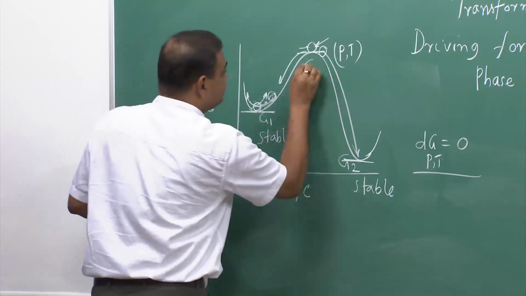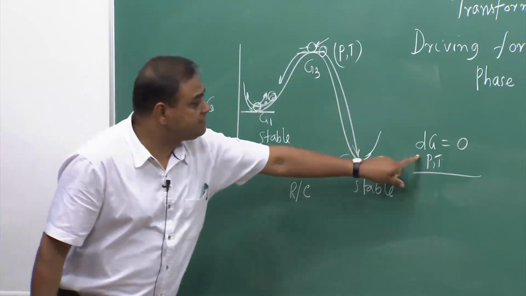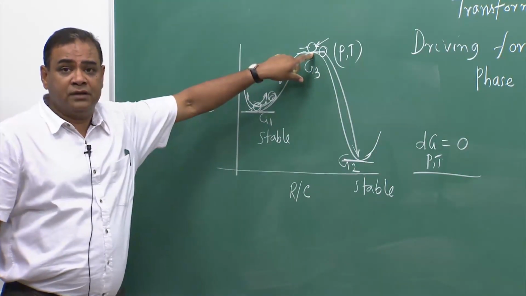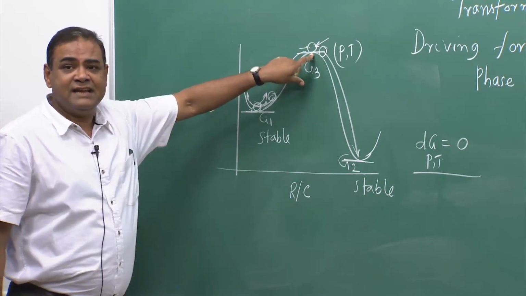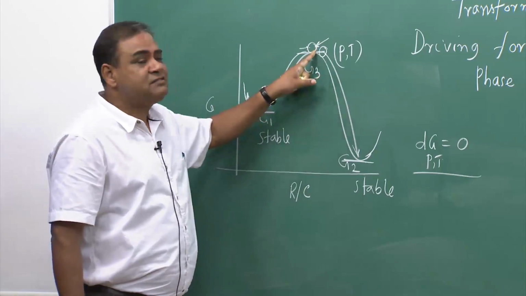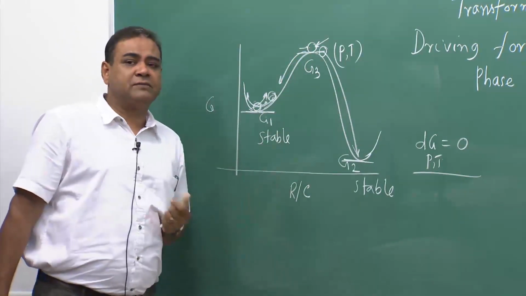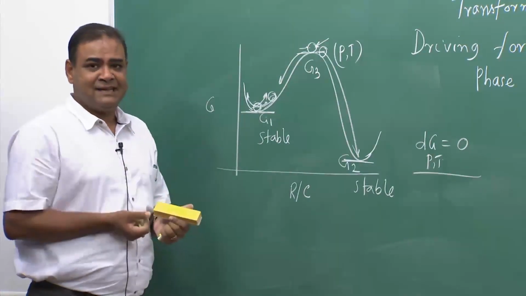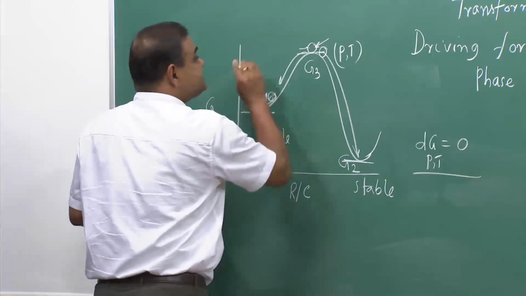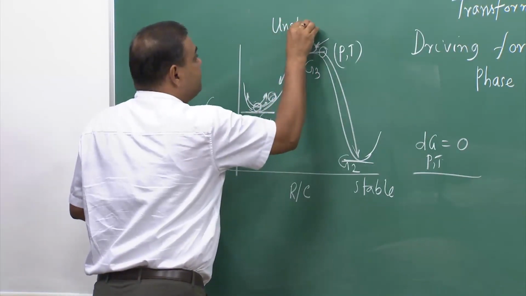If I consider this to be G3, at this point this condition is there, and we can say that this is equilibrium, but even with a slight disturbance, it does not maintain that position, rather it dislodges from its position and goes to the next stable position. So, that is not a stable equilibrium, we call it unstable equilibrium.